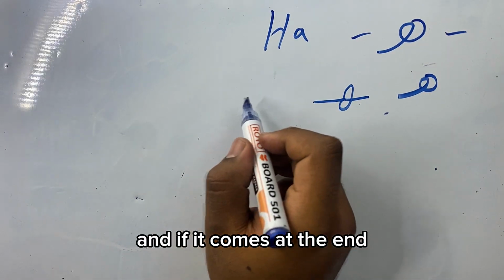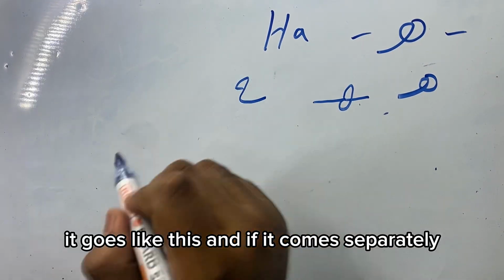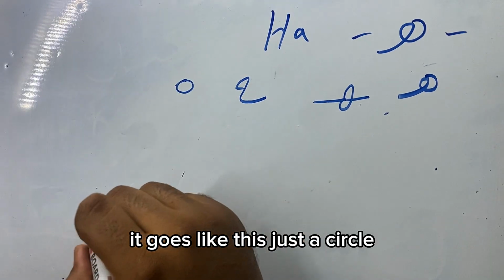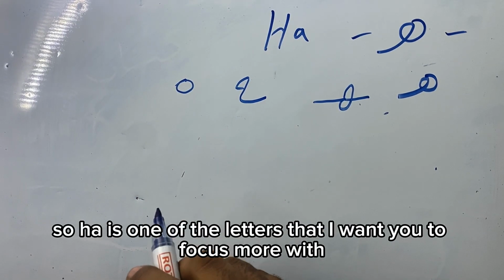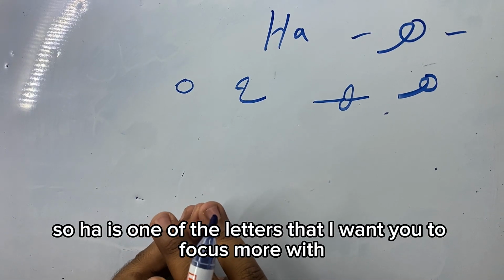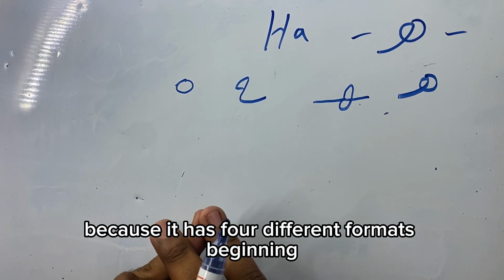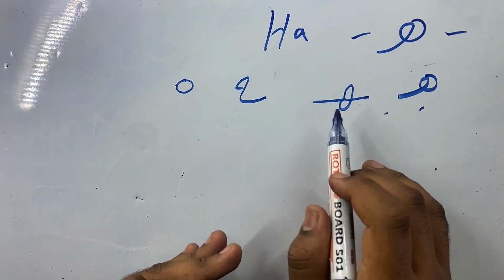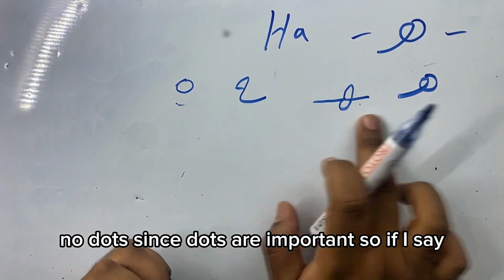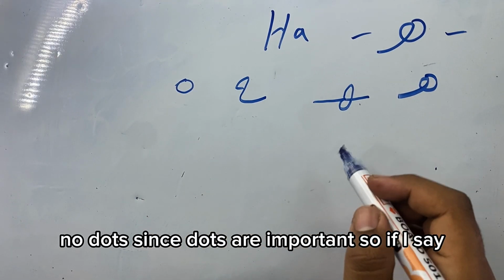And if it comes at the end, it goes like this. And if it comes separately, it goes like this, just a circle. So Ha is one of the letters that I want you to focus more on, because it has four different formats: beginning, middle, end, and separate. No dots, since dots are important.